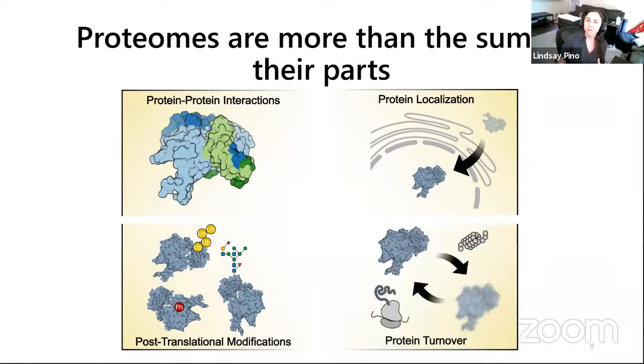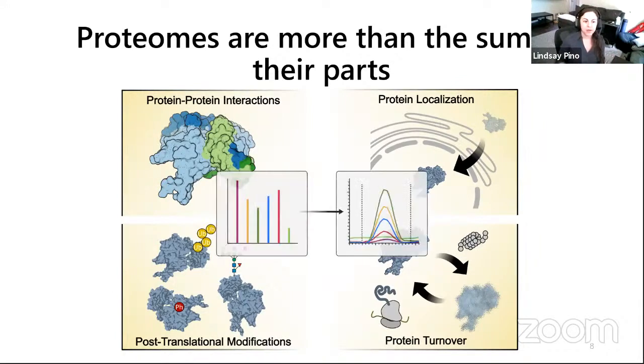And then we like to think of protein abundance as a single number. It's a quantity, but it's really not a static number. It's a snapshot of a dynamic number that's changing between proteins being synthesized and proteins being degraded. So all of these today, we're going to talk about measuring using various forms and applications of mass spectrometry.